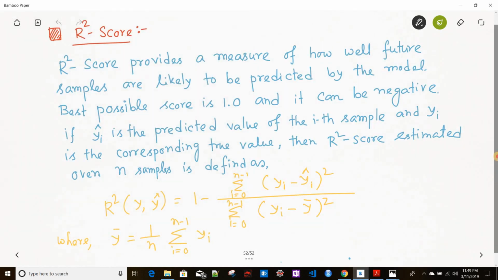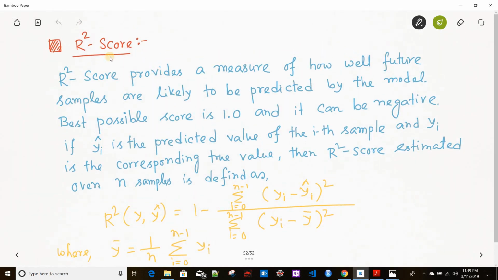There is another one which is very important, called R2 score. R2 score is defined as follows. In the numerator, we have the sum over yi minus yi bar, that means the actual value minus the predicted value, squared, and then we are summing them up. In the denominator we have yi minus the mean value.